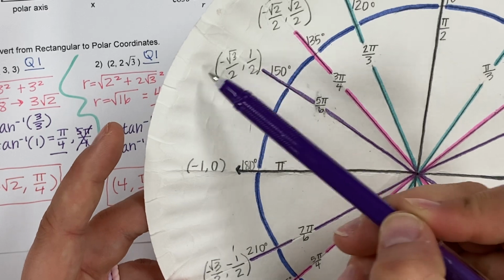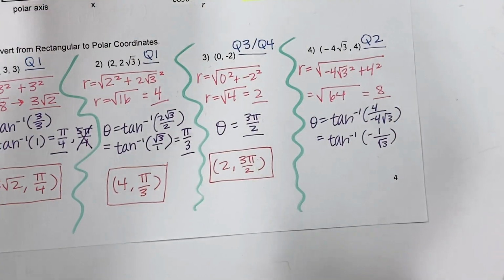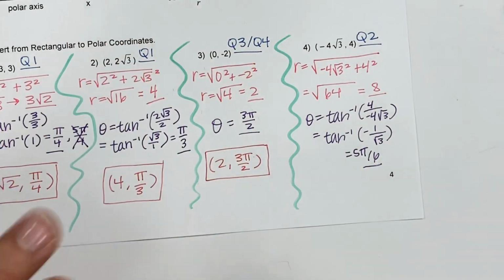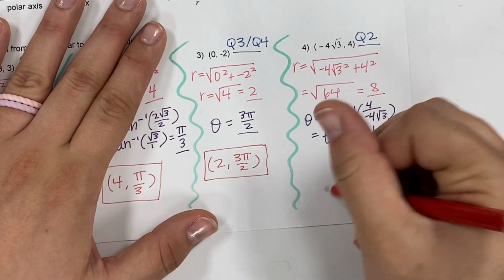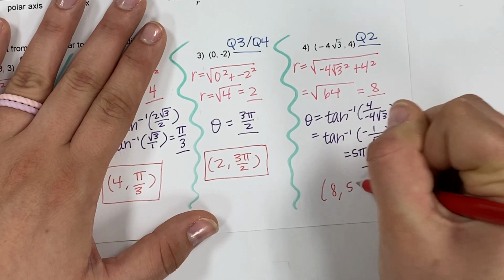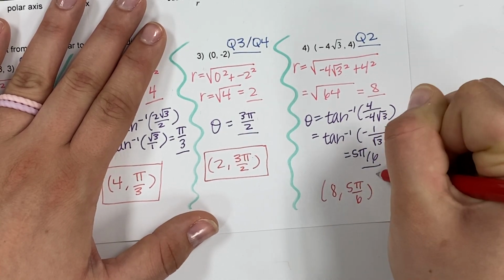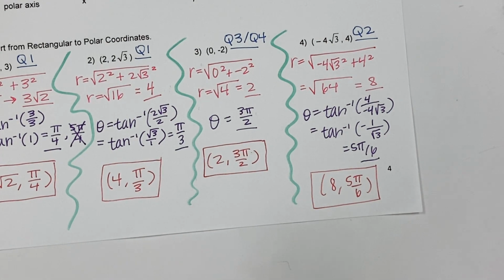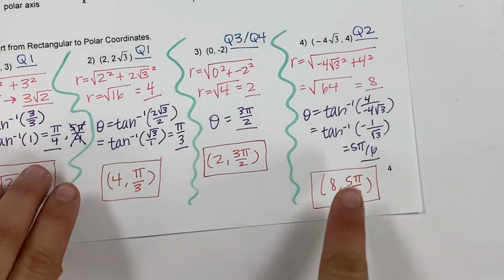So y over x, 1 over -root 3, is 5 pi over 6. So your answer to this problem was 8, 5 pi over 6. Woohoo! Okay, so that's how you go from rectangular to polar.